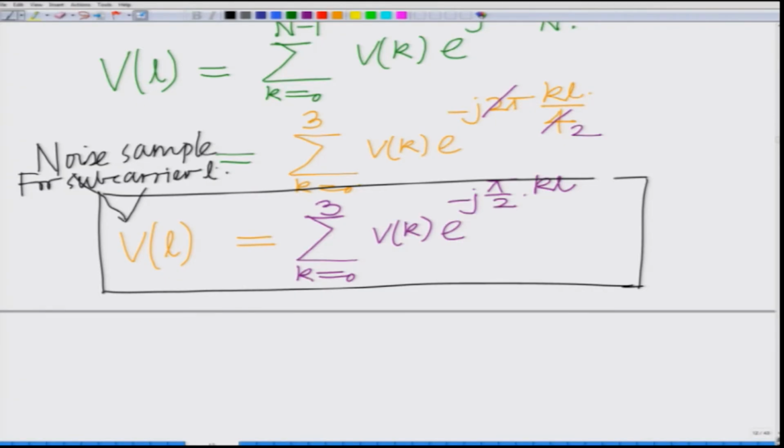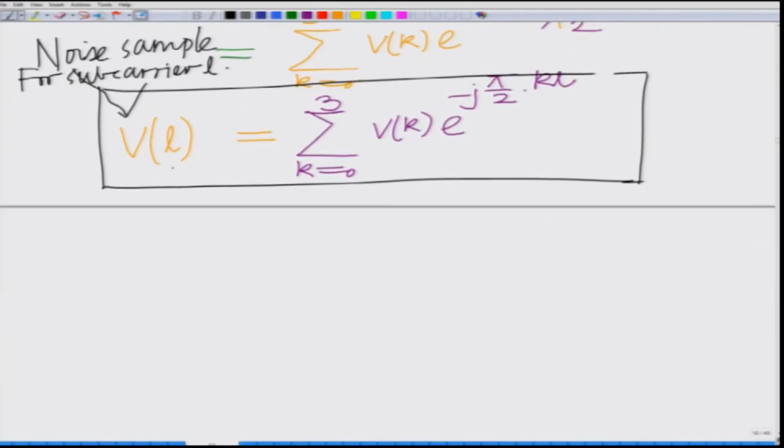This is basically your noise sample for the subcarrier L.